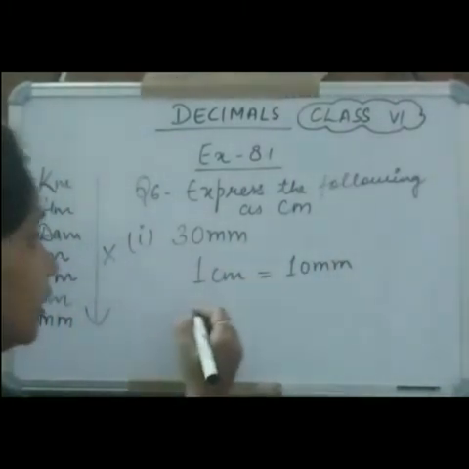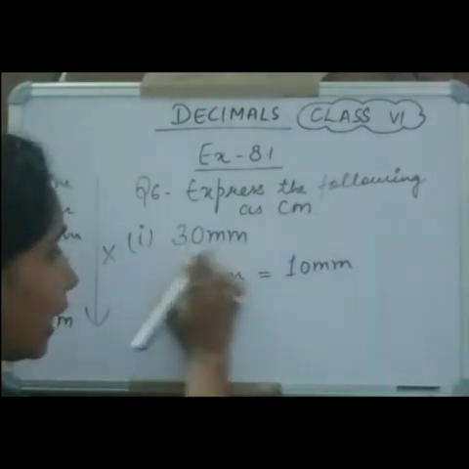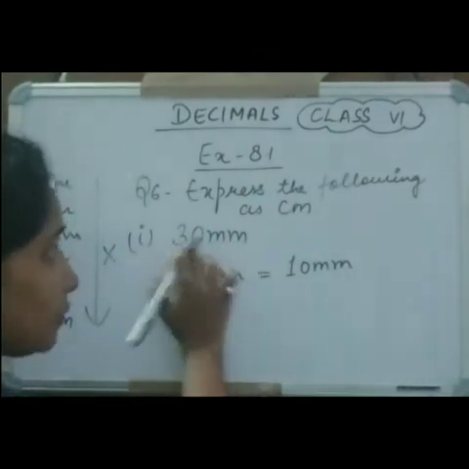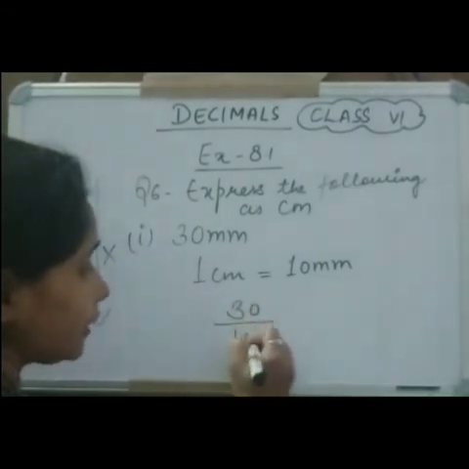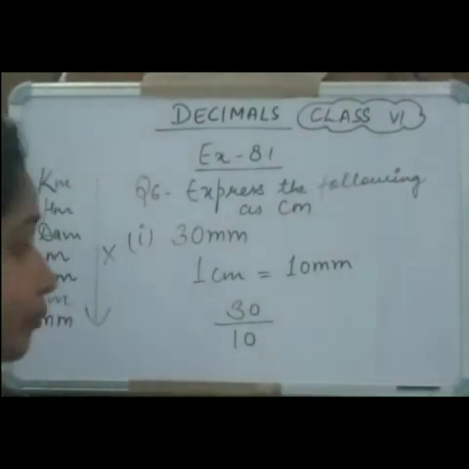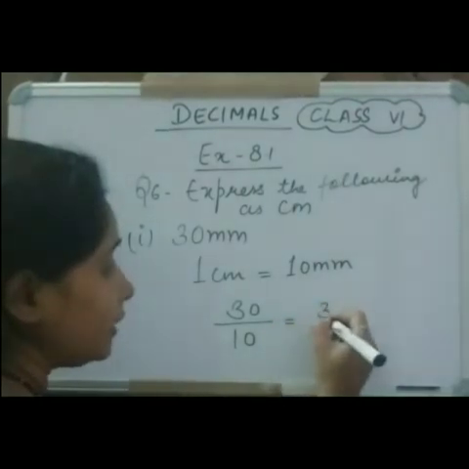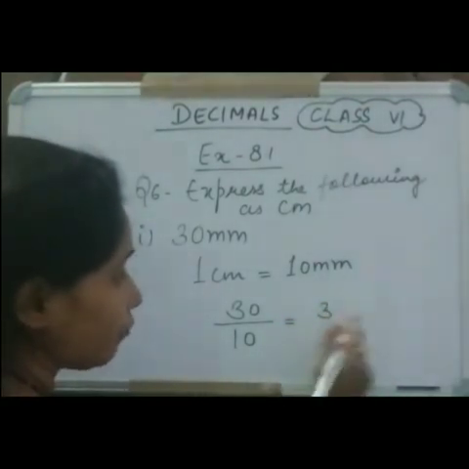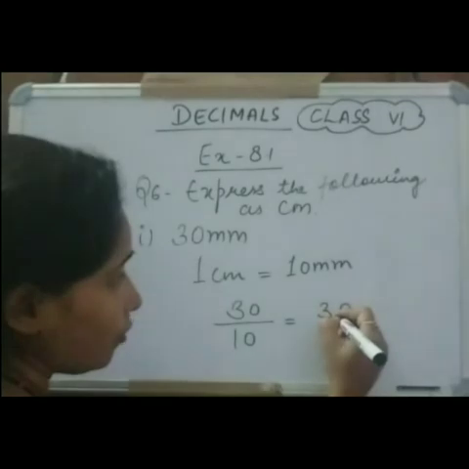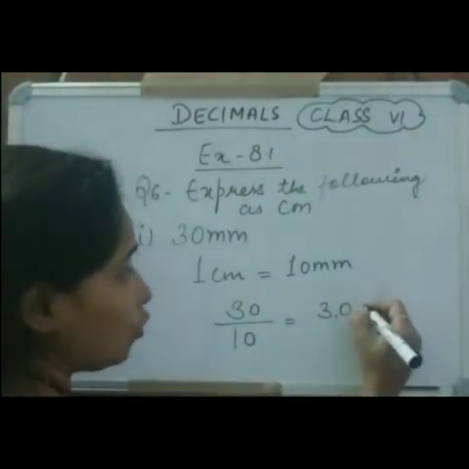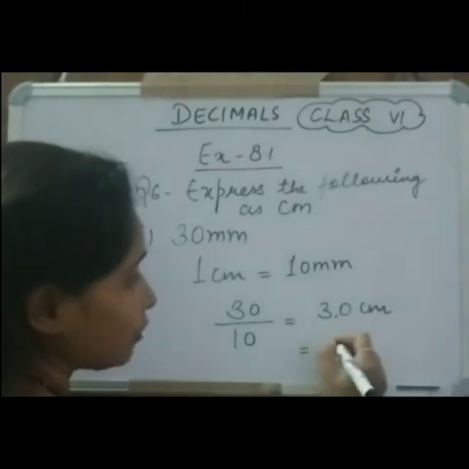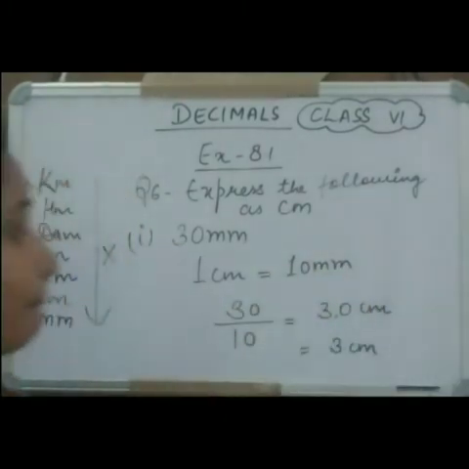So we have to convert this millimeter into centimeter: 30 upon 10. Here it is 3, because we put the point from here. It is 3.0 centimeter, or you can write 3 centimeter. Get it?